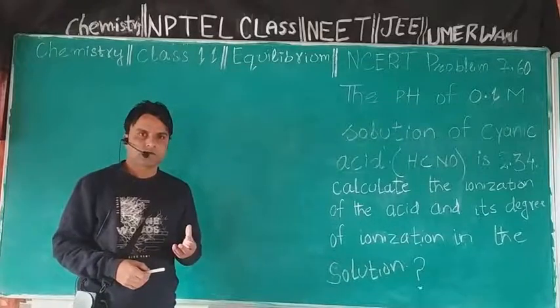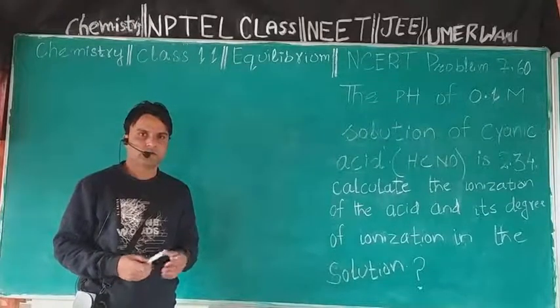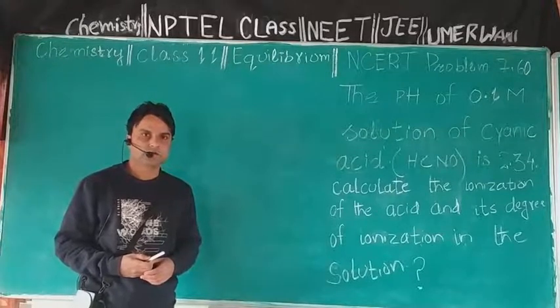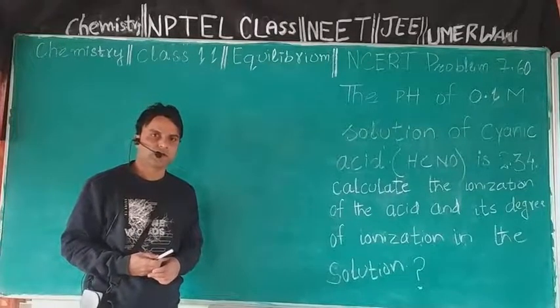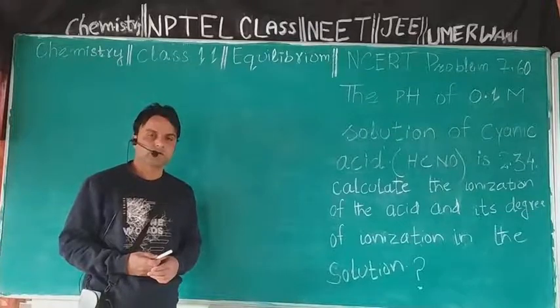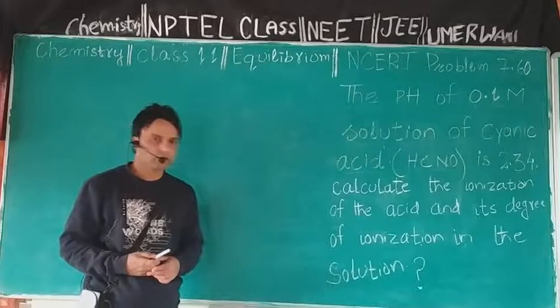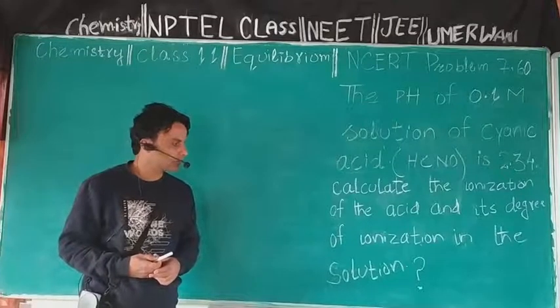We got a solution of cyanic acid of known molar concentration 0.1 molar and known pH 2.34. We need to calculate its ionization constant and its degree of ionization in the solution.